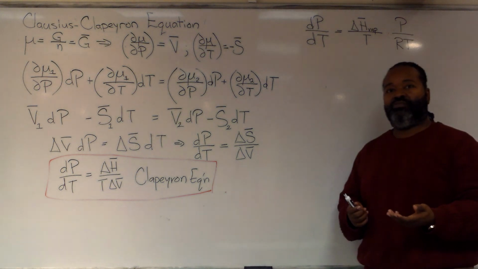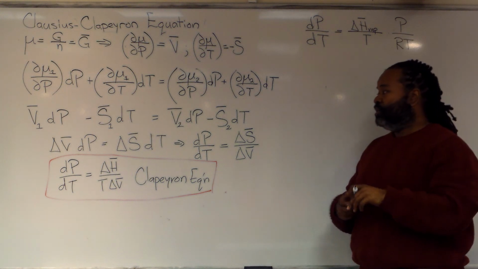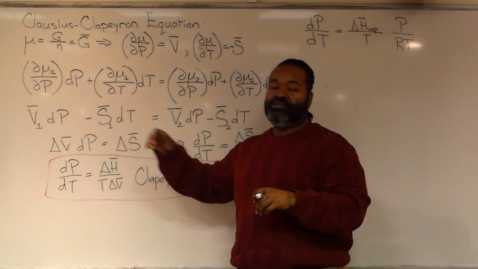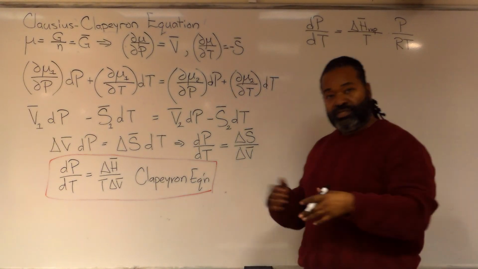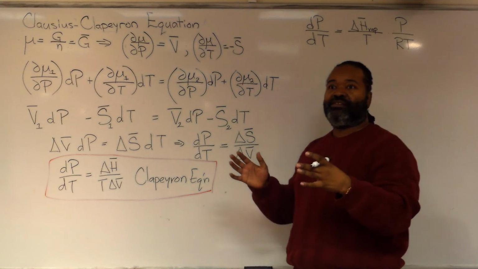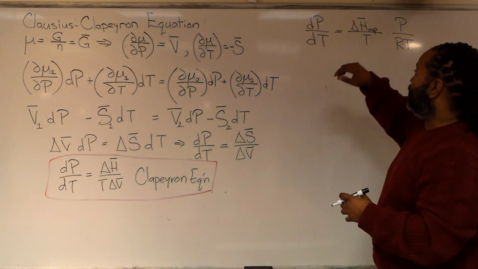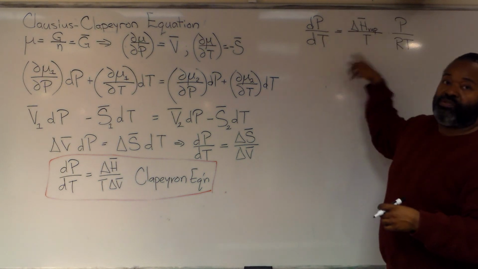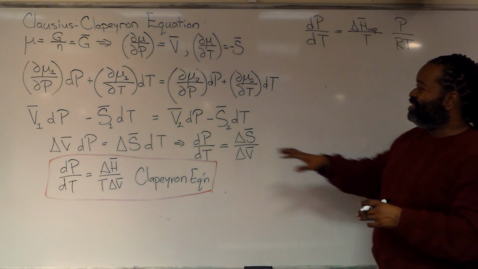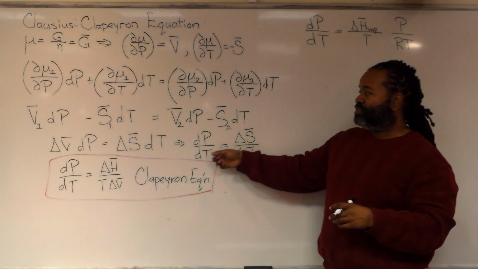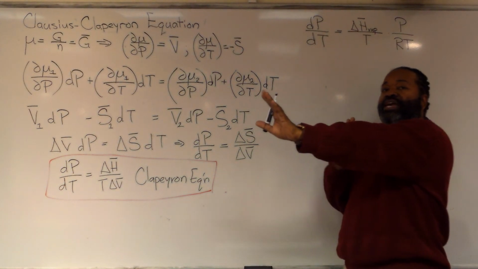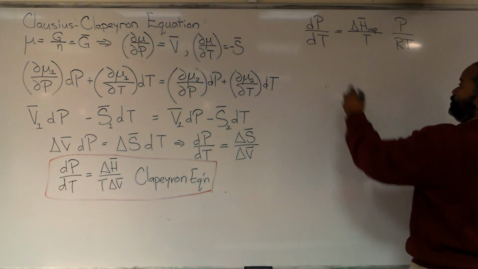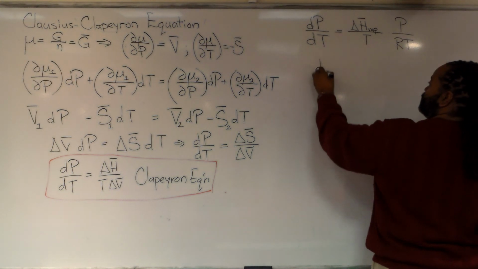Now we don't have to keep writing out delta pressure over RT because the change in volume here is due entirely to the gas volume, which means the pressure term is entirely gas pressure. Now what we have are a couple of constants. We have pressures and we have temperatures. So instead of keeping things as this derivative, we want to separate everything back out into two separate differential equations.